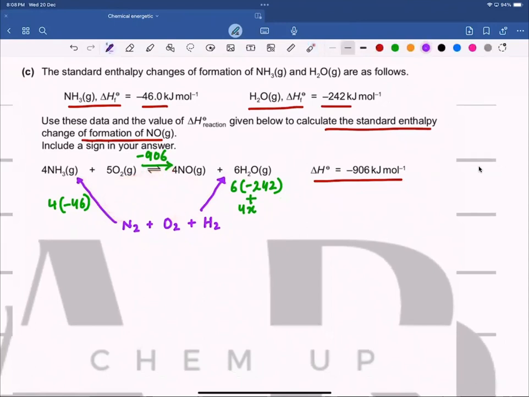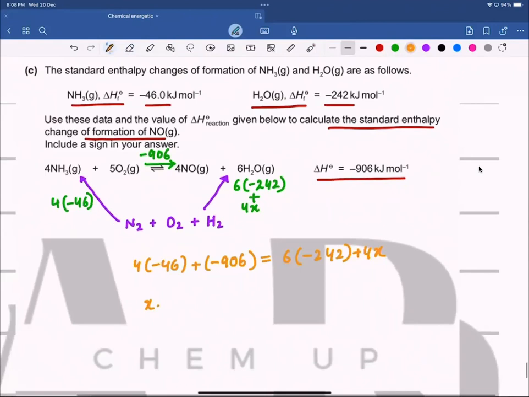So if I make the expression, it is going to be 4 times minus 46 plus minus 906 is equal to 6 times minus 242 plus 4x.